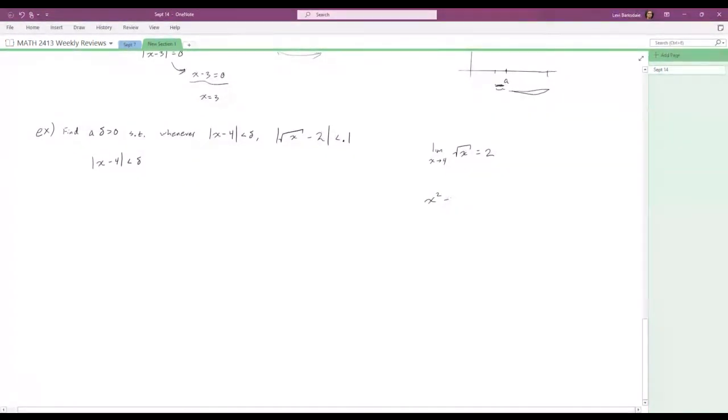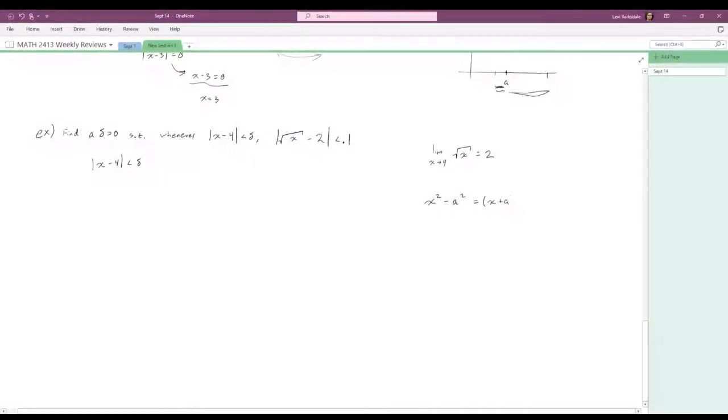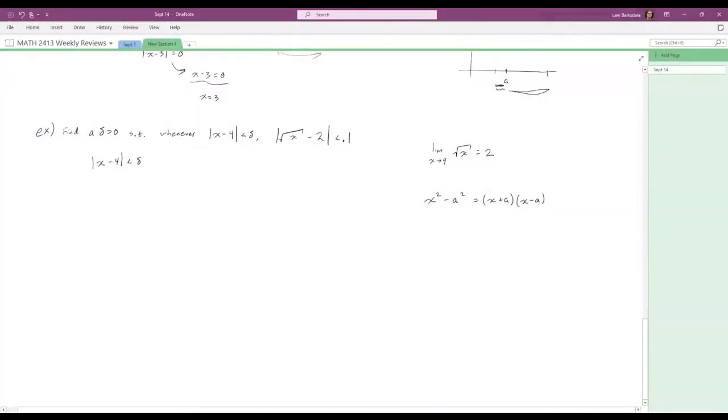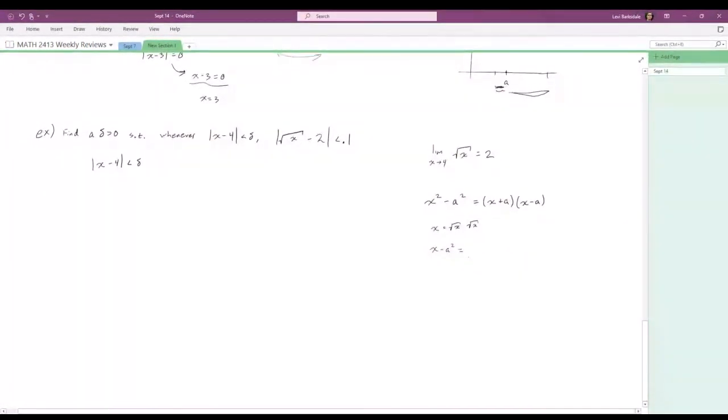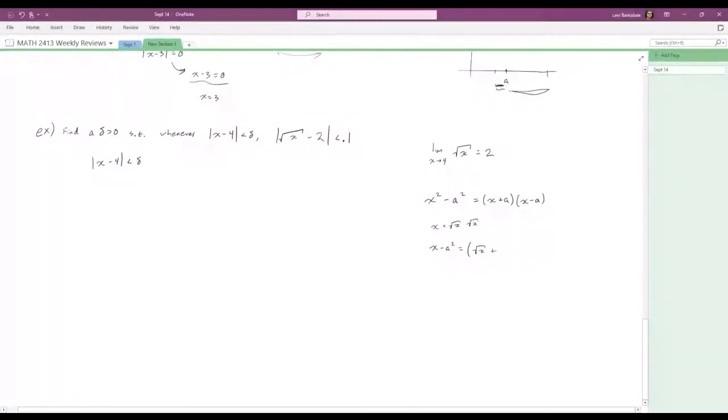Like if you have x squared minus a squared, you can factor that into x plus a and x minus a, right? Well, secretly, x just by itself is also a square, right? It's the square root of x times the square root of x. So x minus a squared then would be the square root of x plus a times the square root of x minus a, right?